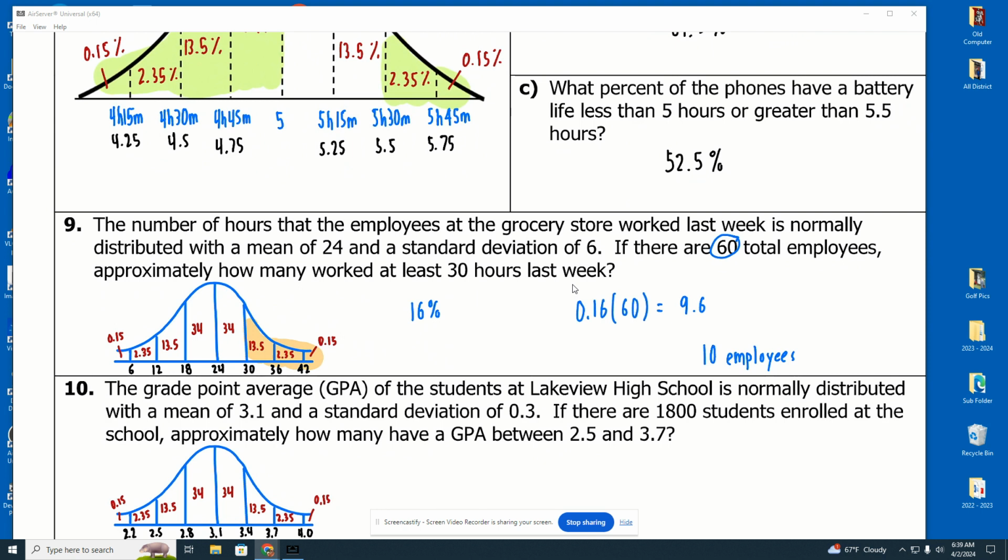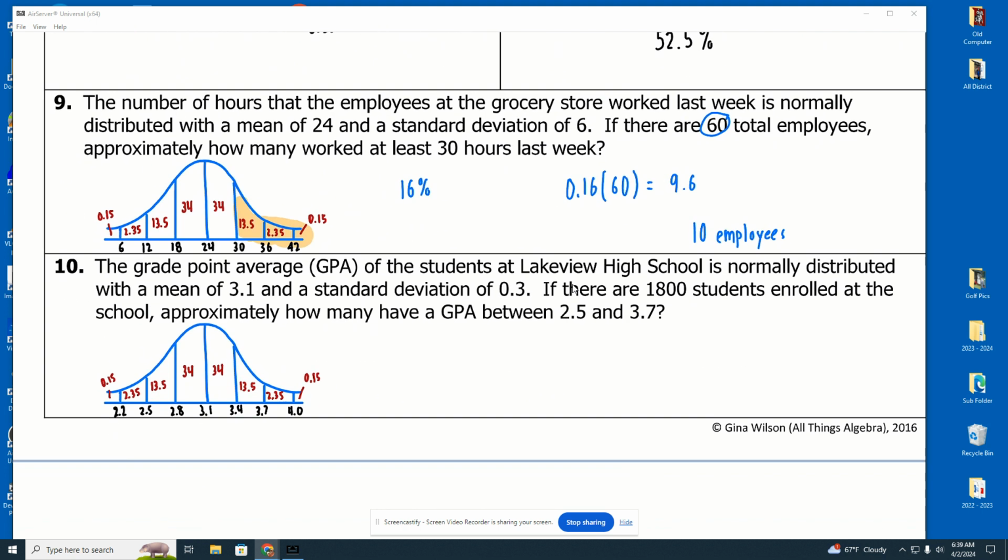Because some people would argue, well, you can't have 0.6 people, and I get that. So you kind of have to make a decision there which way you would round. Okay, if you're dealing with people and you know you can't have 0.6 people, if you feel like you need to say 9, that's fine. But it does say approximately how many. So with that being the case, I actually rounded up.